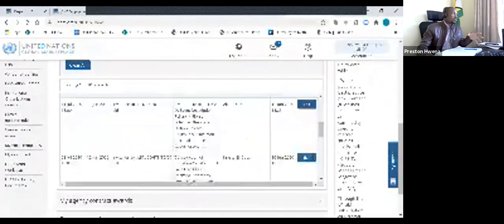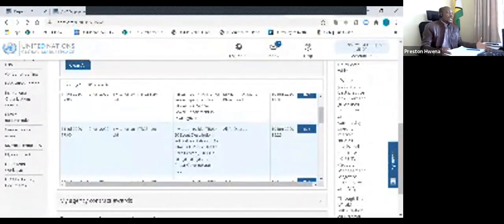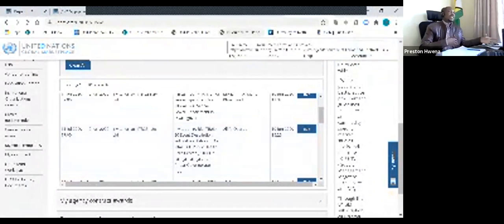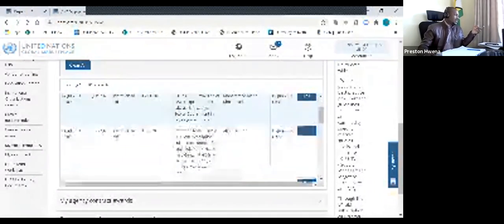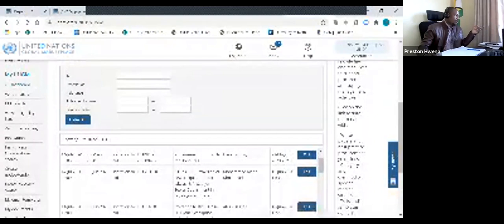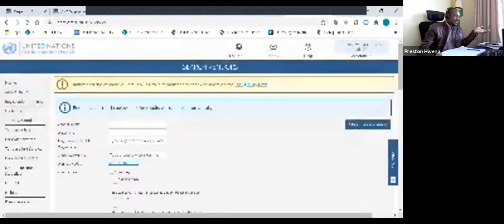And sometimes after you have uploaded all the documents, some UN entities may then come back to you and say, can you give us this? It's also a platform that we use as UN to look for bidders or vendors. I can do a vendor search here where I can look for vendors in any type of business.